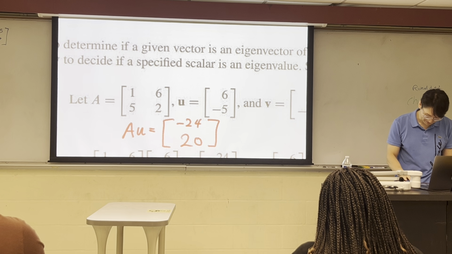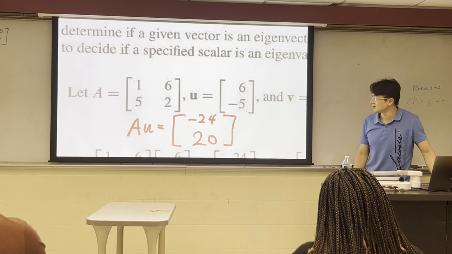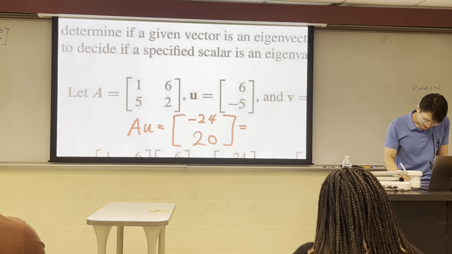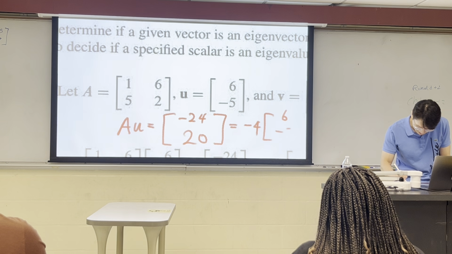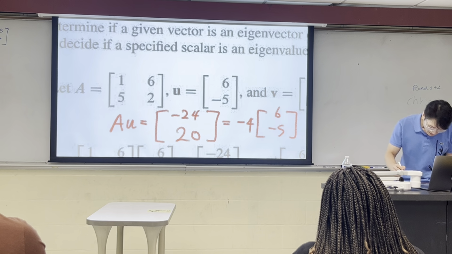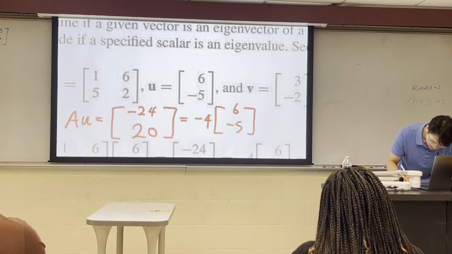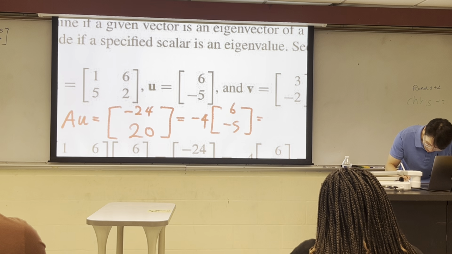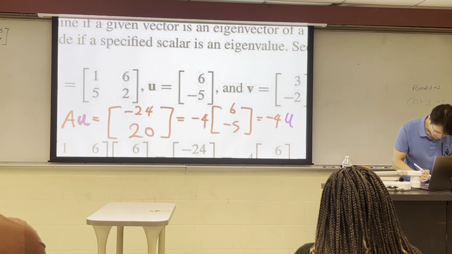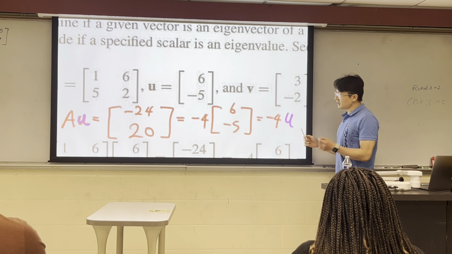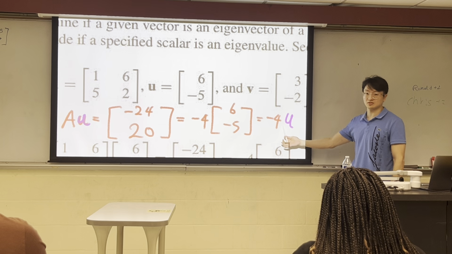Okay, good. Is U an eigenvector? Yes. How? Lambda equals -4. Great. So if I keep writing this, A times U can be expressed by minus 4 times U, right?